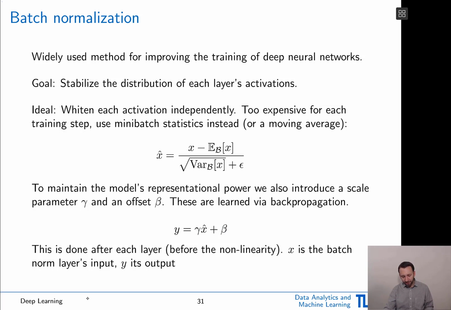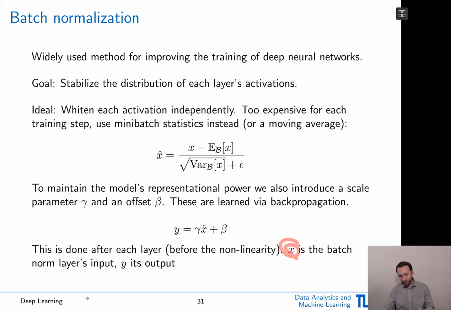Okay, and again, this is all done after a layer, for example, but before the nonlinearity. So, for example, we do some affine transformation. We can normalize it. We can scale it back.